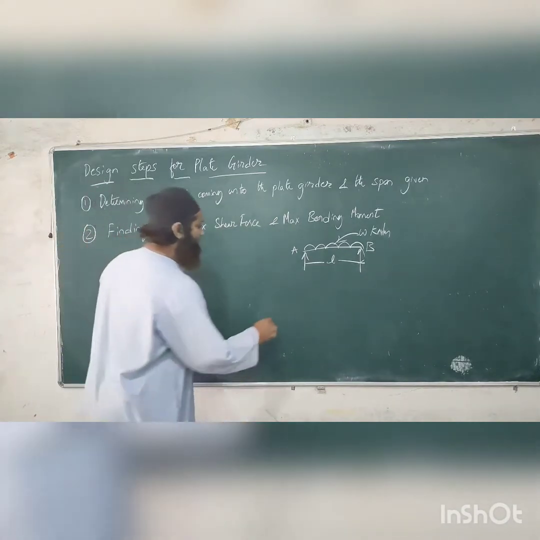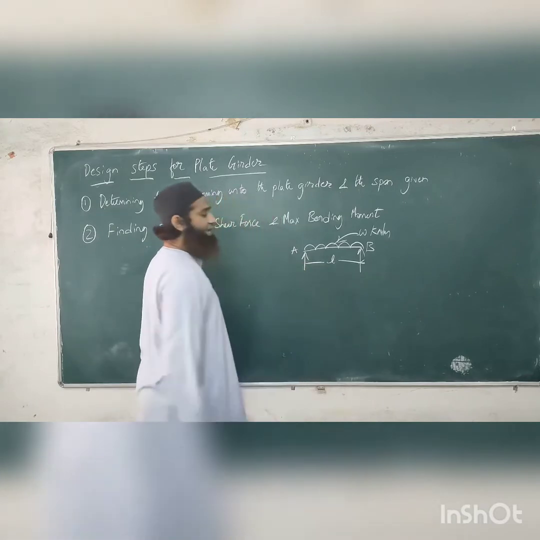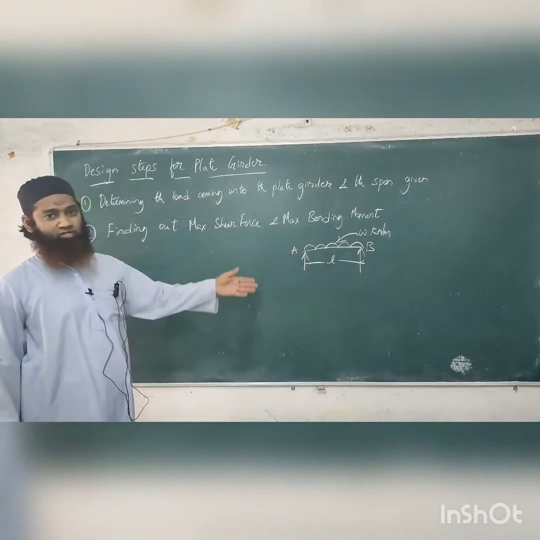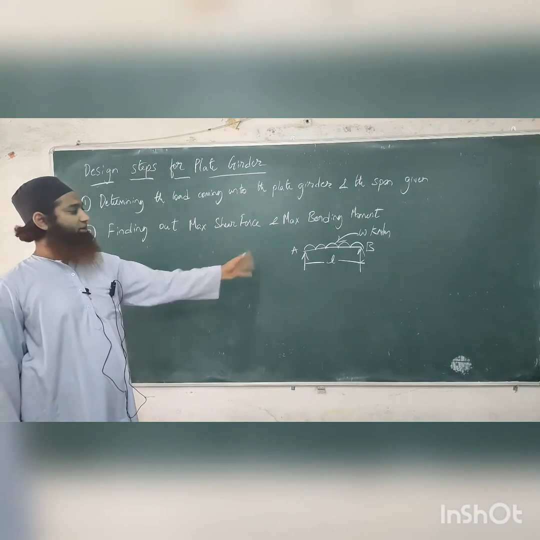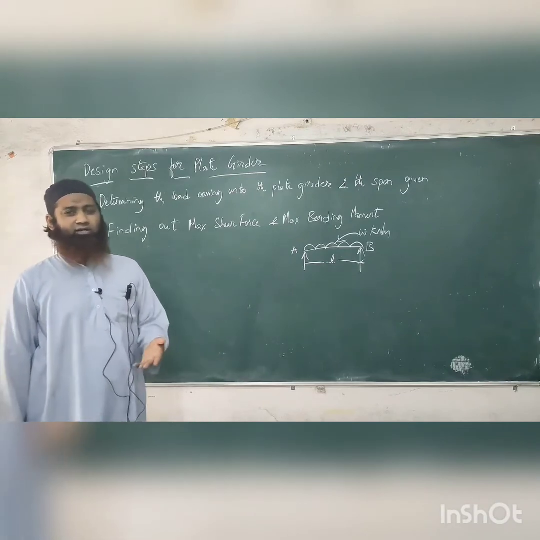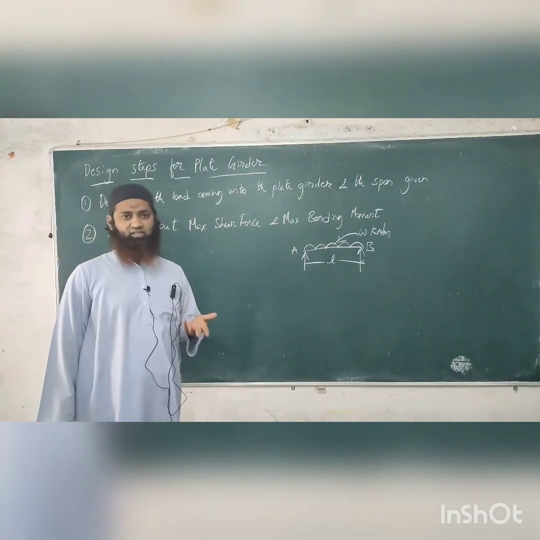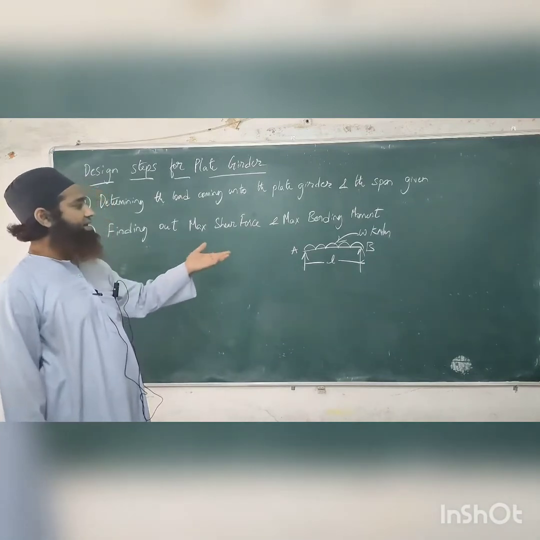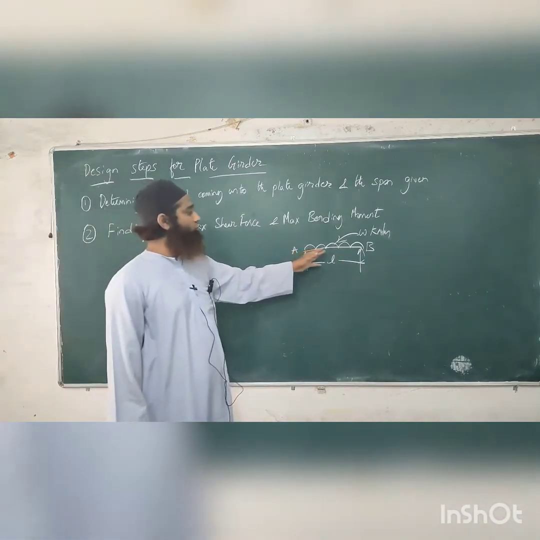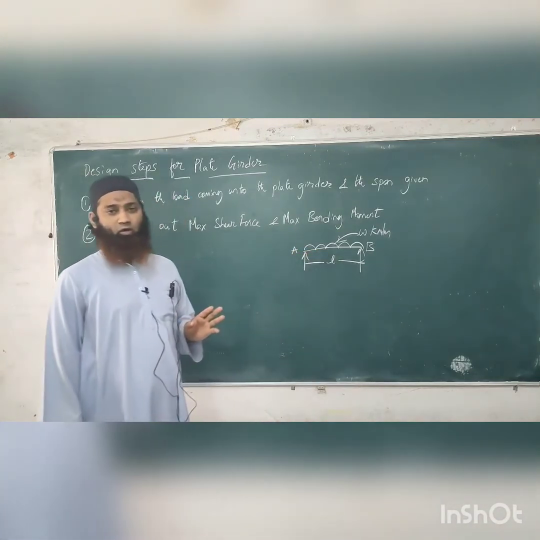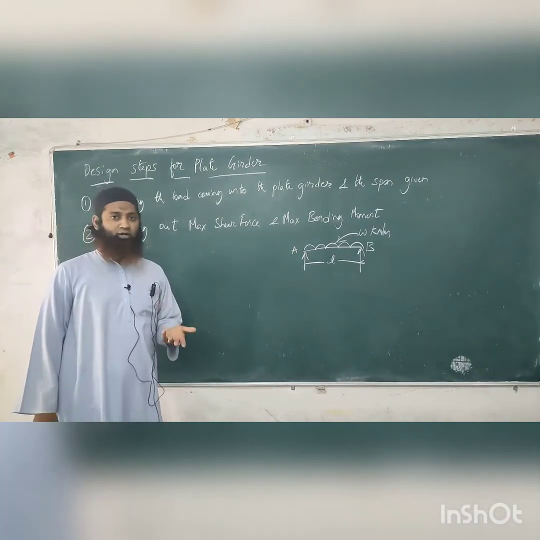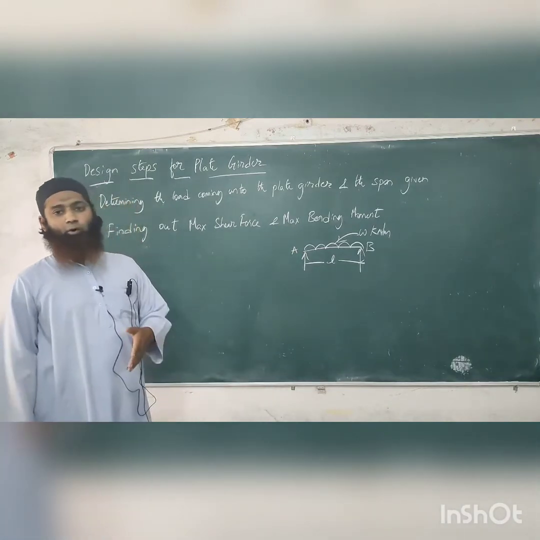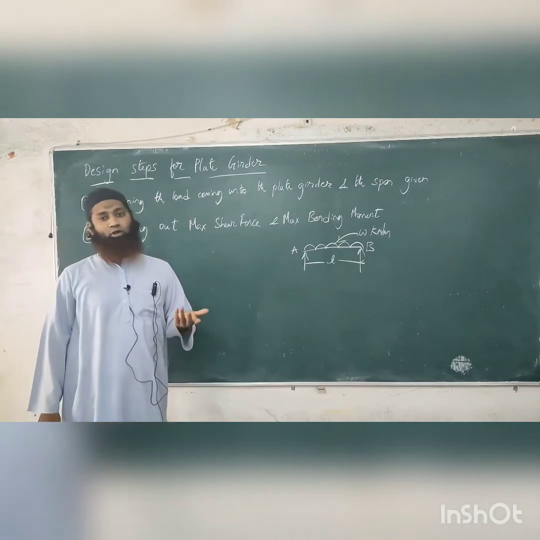We'll have to find the reactions and the moment, and you'll get the maximum bending moment that will be coming. You have already learnt it in your previous years in the shear force and bending moment topic. The maximum bending moment that comes because of the UDL is WL square by 8. And the maximum bending moment for a point load is WL by 4.